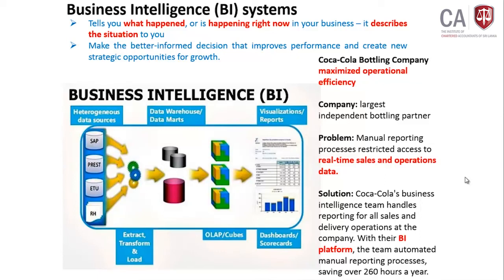So, when you automated these things, they could achieve saving 260 hours. Let us say in order to process the information, summarize it and give it to the management, earlier it may have taken more than a week. But now within a day the summarized information can be seen by using the business intelligence system.